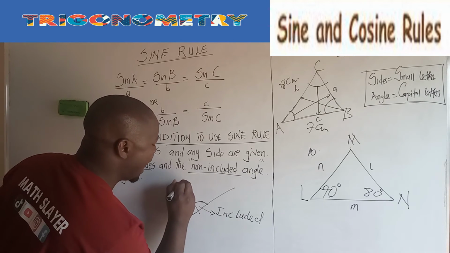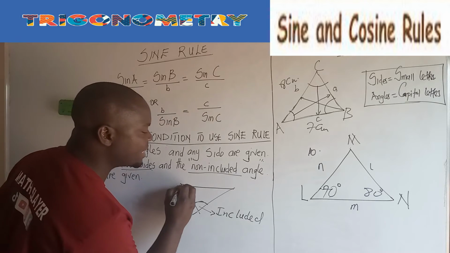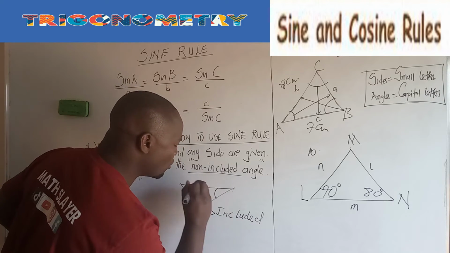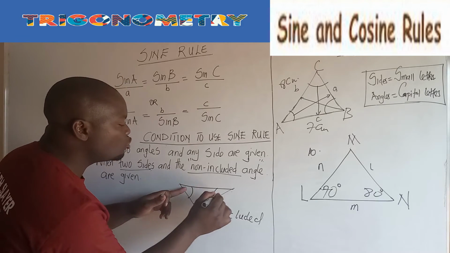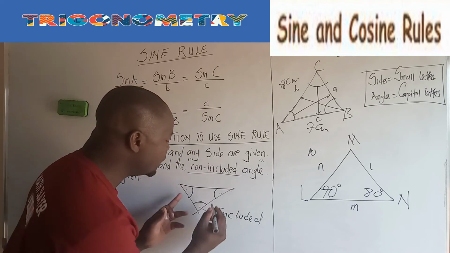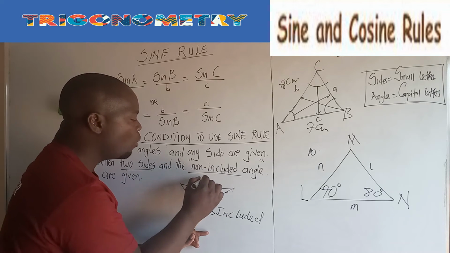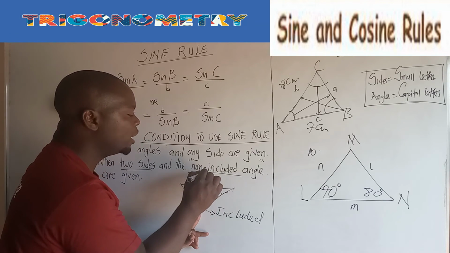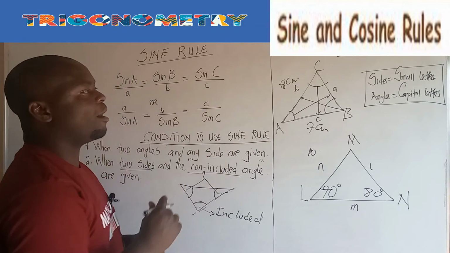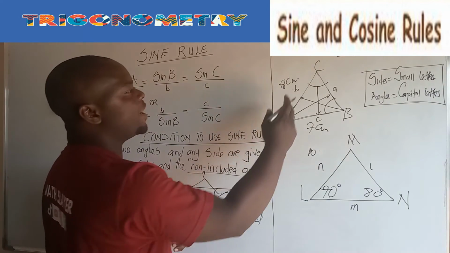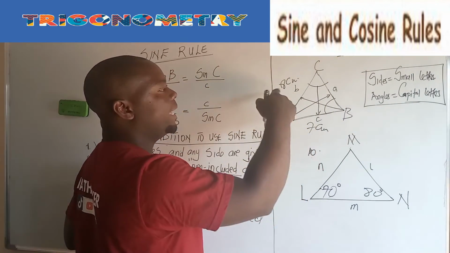However, if I add another third line there, okay? These two angles are non-included angles because these two angles are not formed when these two lines meet. So these two, we are calling them non-included angles. Okay? Now let's come to our diagram here. We have ABC, of which we said we have 7 centimeter, 8 centimeter.